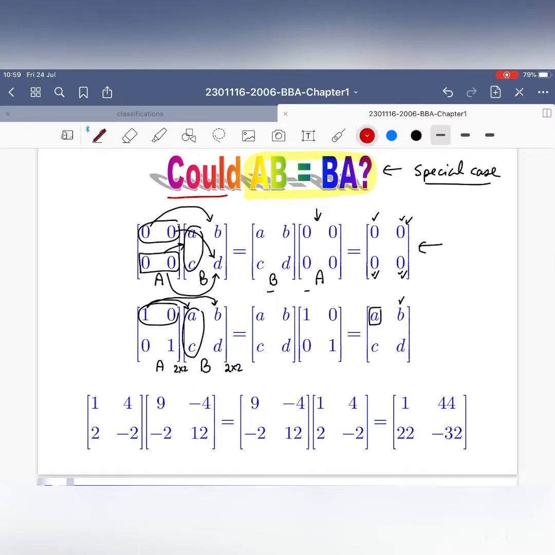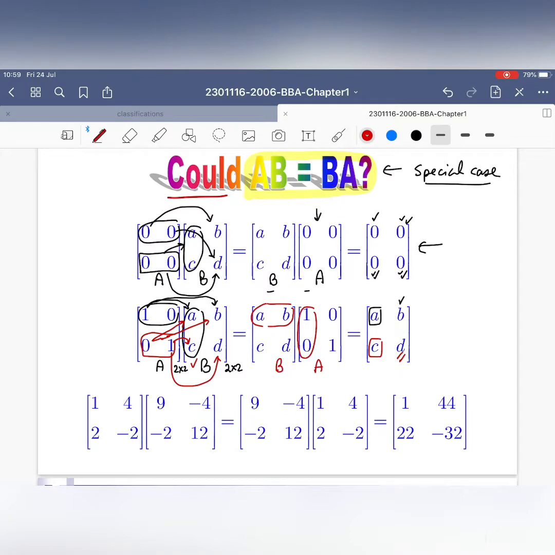And then the second row with the first column, the 0 will multiply with the first one, but 1 will multiply with your second element on your first column, so you have a C right here. And then the 0 will multiply with B, and the 1 will multiply with D, which is D itself here.